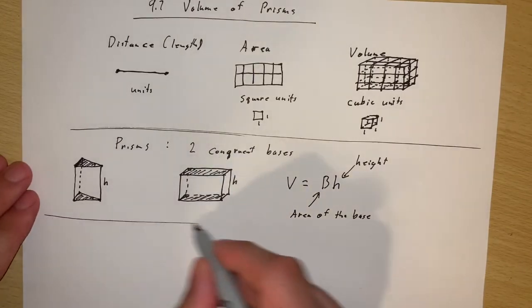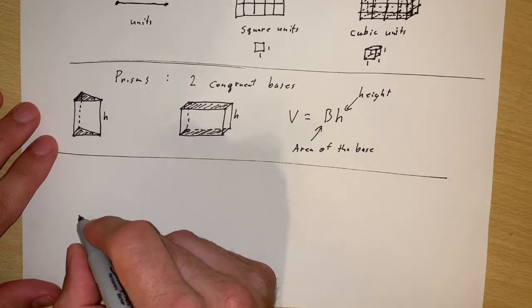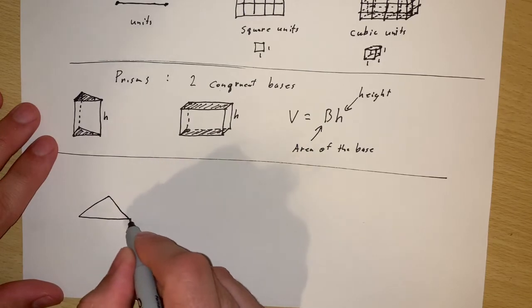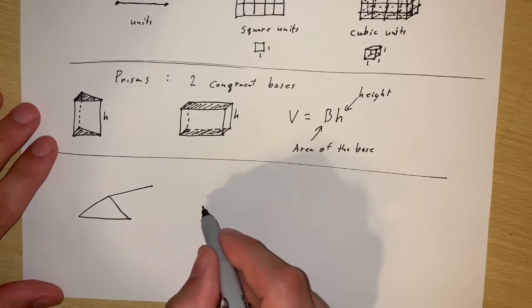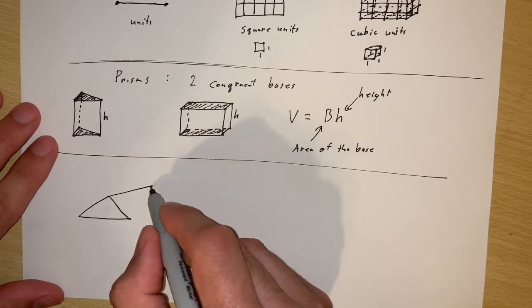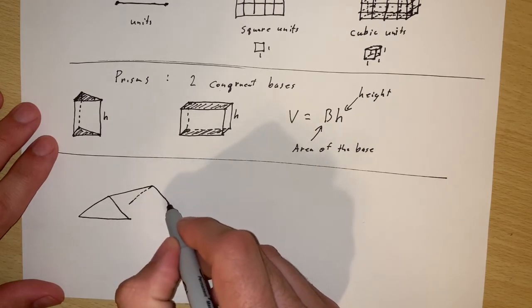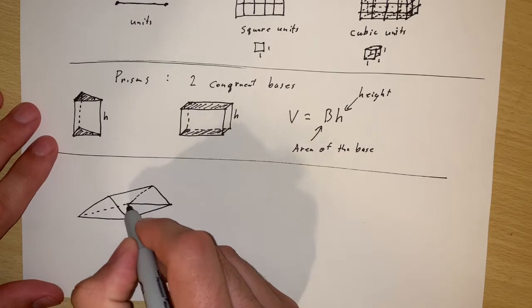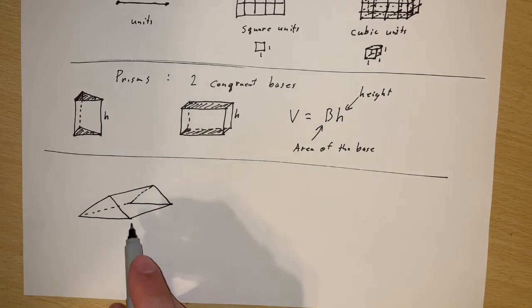All right, so let's do an example. Let's say we have a triangle, looks like this. All right, so this is a triangular prism.